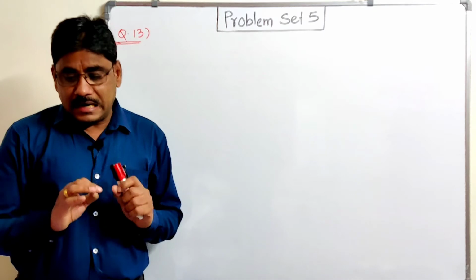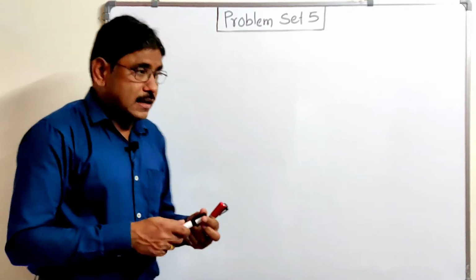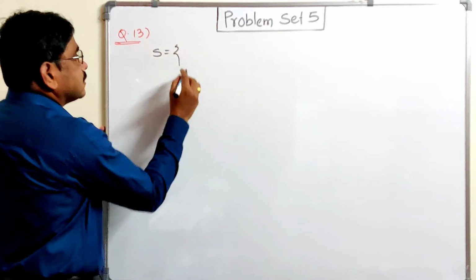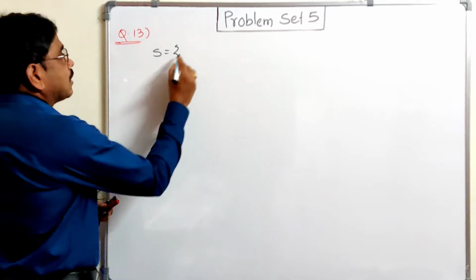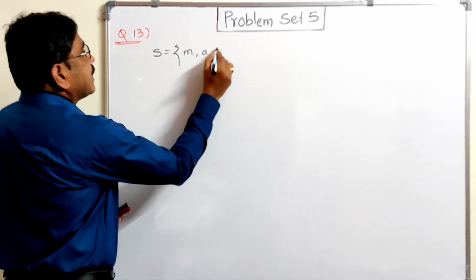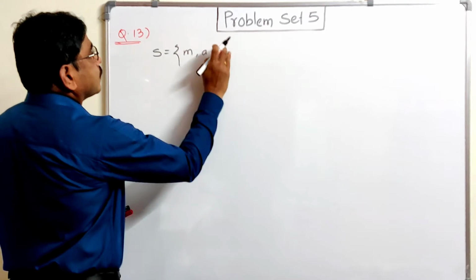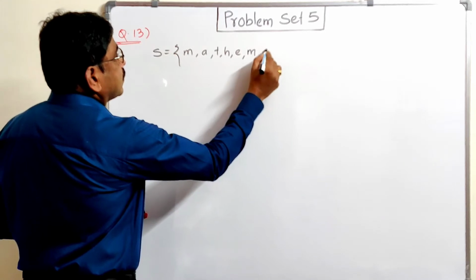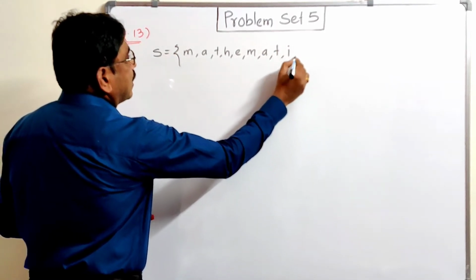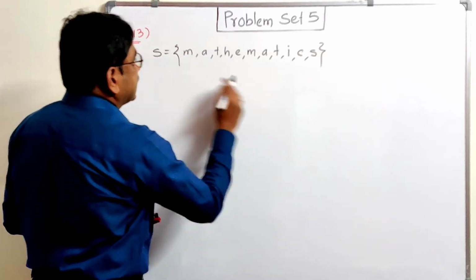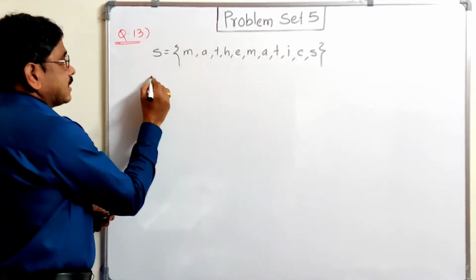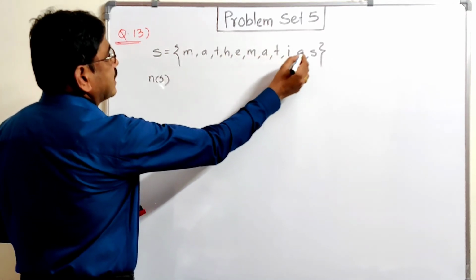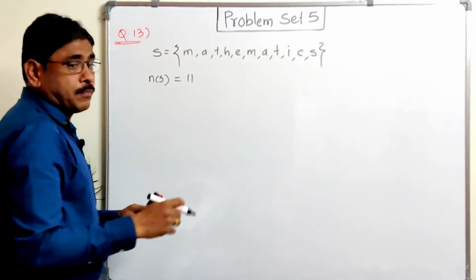Find the probability the card drawn bears a letter M. So here write S. This set contains the letters in the word mathematics, means M, A, T, H, E, M, A, T, I, C, S, mathematics. So these letters are there. n(S) is equal to 1, 2, 3, 4, 5, 6, 7, 8, 9, 10, 11. So n(S) is equal to 11.